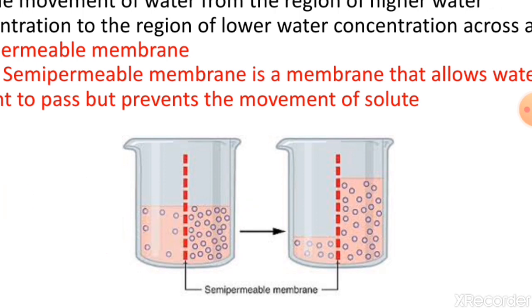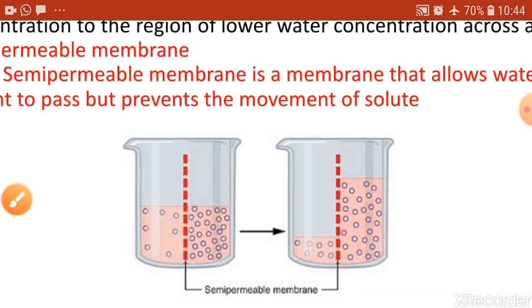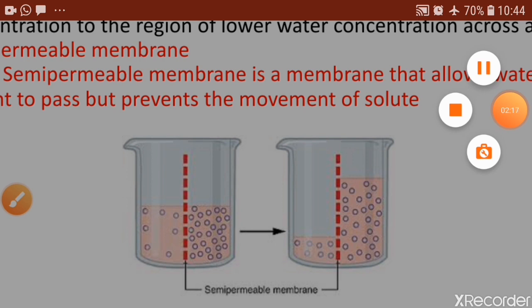So water from the region of its higher concentration moves to the region of lower water concentration. There is no movement of solute. The solute particles are not moving. It is only water passing through this semi-permeable membrane to the other side, and this is what is called osmosis.